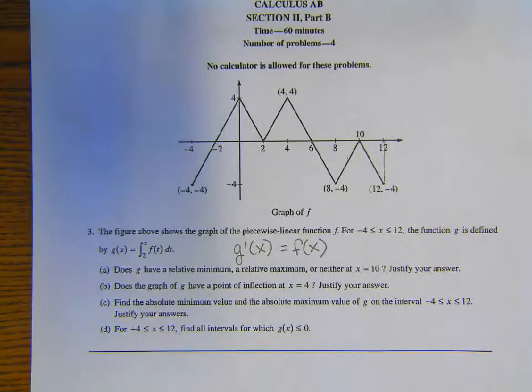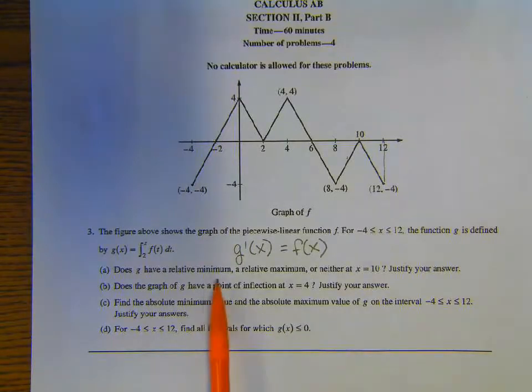Okay, so how do we find if something is a relative minimum or relative maximum? Derivative, and find where its derivative is doing what? Changing signs. Okay, so if the derivative is changing from negative, going down, the function is going down, to positive, that would be a relative minimum. Okay.